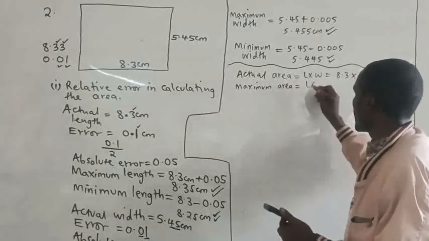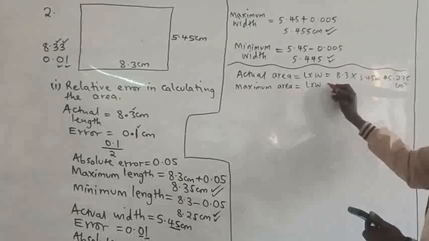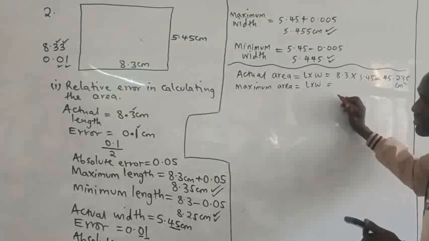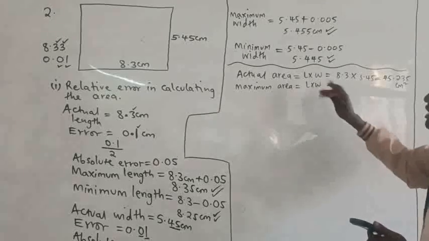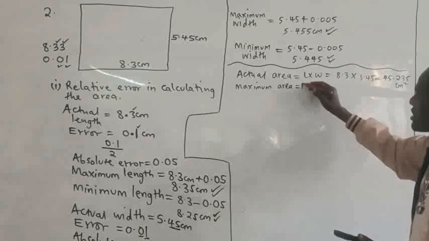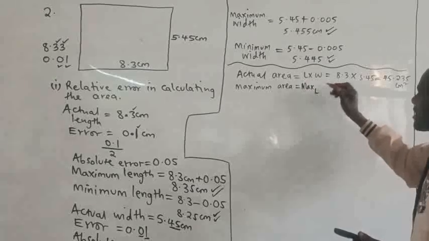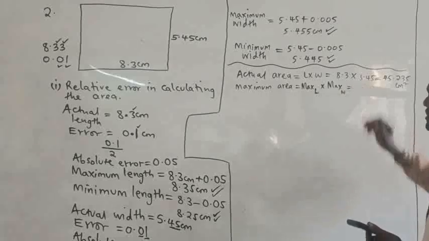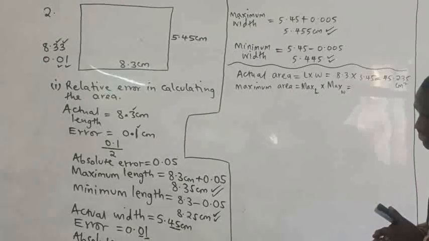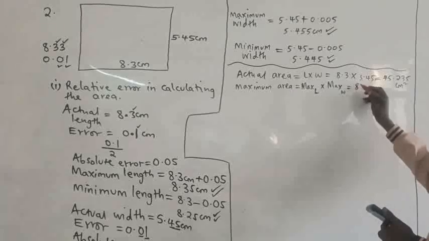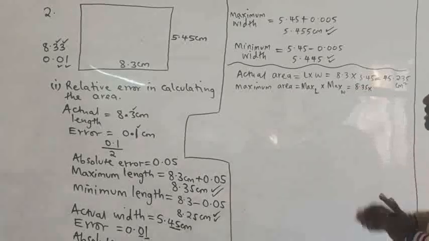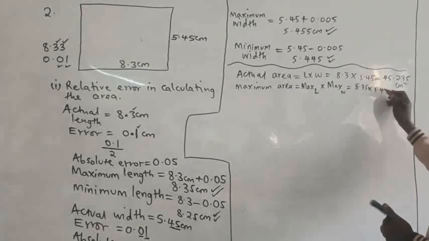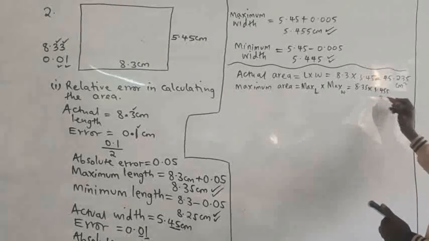Then the maximum area will again be length times width. We shall say maximum length multiplied by maximum width. Our maximum length is 8.35 times our maximum width, 5.455.